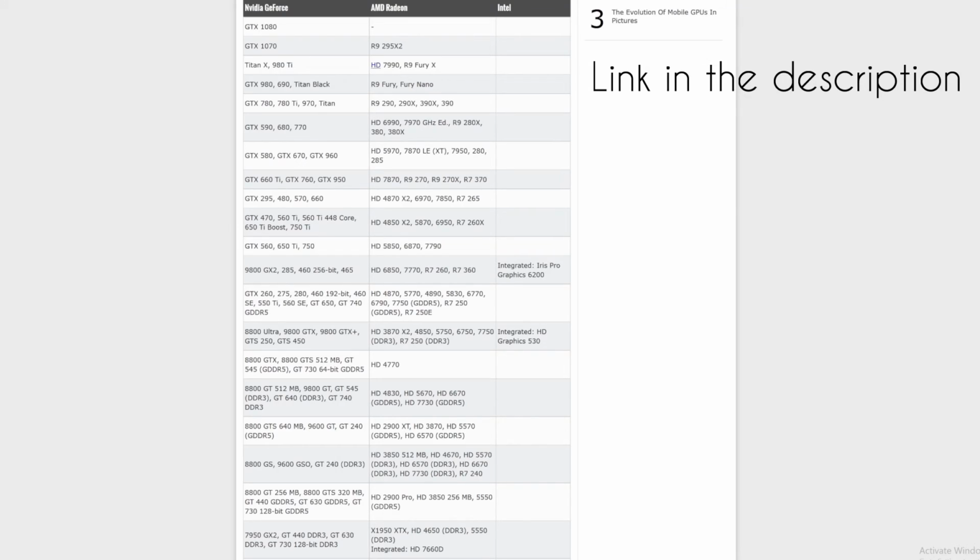AMD cards, on the other hand, are a little bit different, and quite frankly, they're a little bit confusing. So I'm trying to make this tutorial where it's future proof, where I'm not telling you exactly what card to get, and since I never know what AMD is going to call their cards because I find it confusing, I'm just going to put up this little chart right here, and you can look at this chart to decide if the card that you're looking at is good.